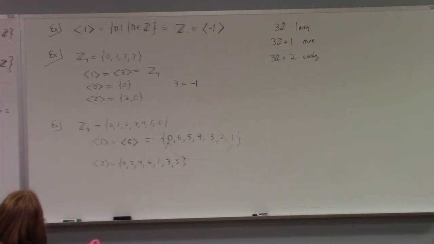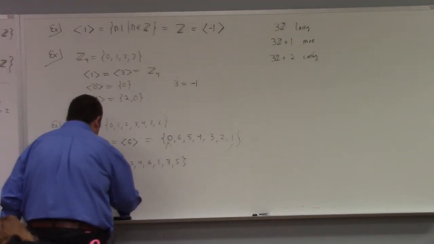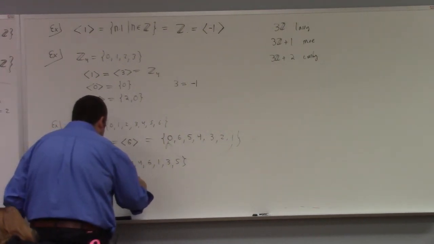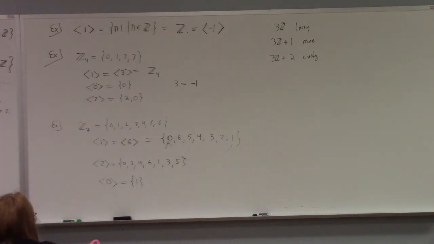In fact, you can keep doing this. Every non-zero element of Z7 is a generator. 1 works, 6 works, 3 works, 4 works, 5 works, 2 works. Everything works except for what? Yeah, the cyclic subgroup generated by the identity is just the identity, the trivial subgroup.